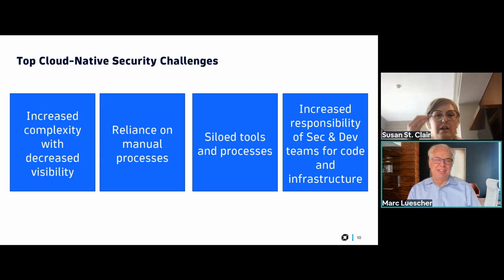So maybe, Susan, let me take the third box here, siloed tools and processes, because that's one I have to talk about very often in the security context. The challenge for businesses is you want visibility in your security and, as Susan mentioned, observability data. That means logs, metrics, events.